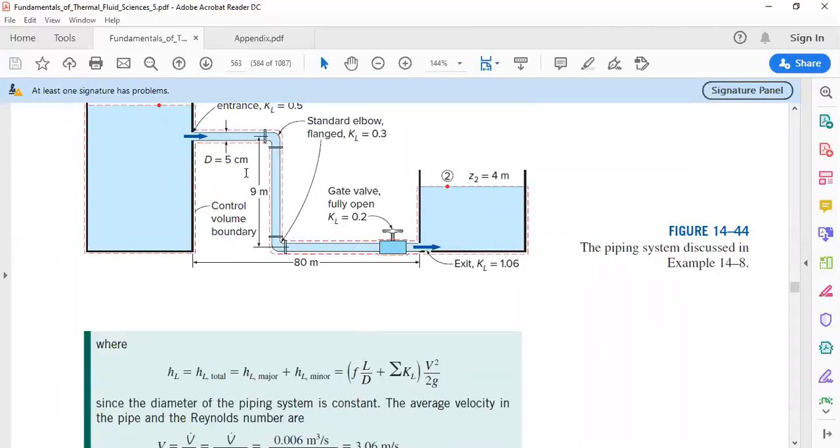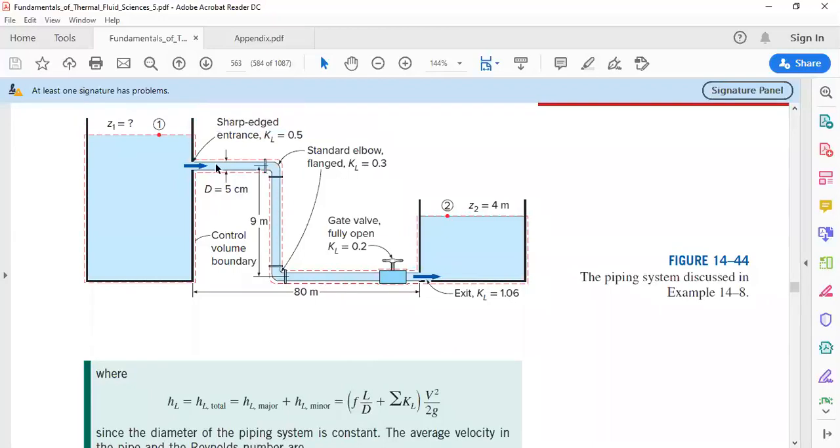As we mentioned in the previous lecture, if there are pipes of different diameters, then we will have summation and different values for the friction factor, length, and diameters. Here, since the diameter is constant, the velocity won't change through the pipe, according to the conservation of mass principle for incompressible flow.